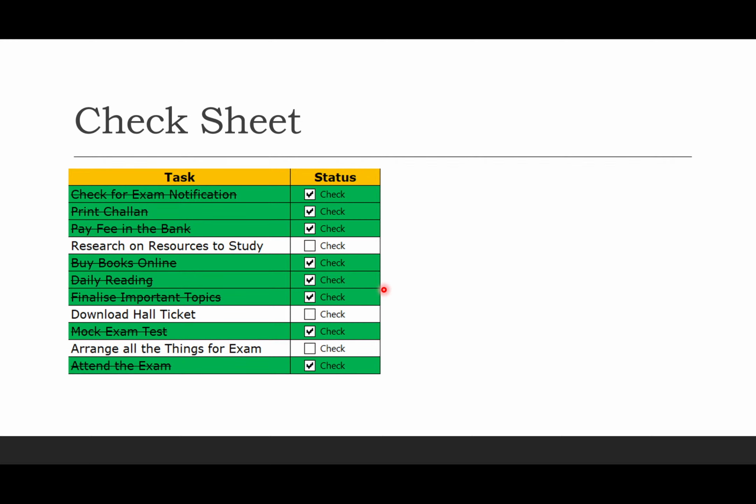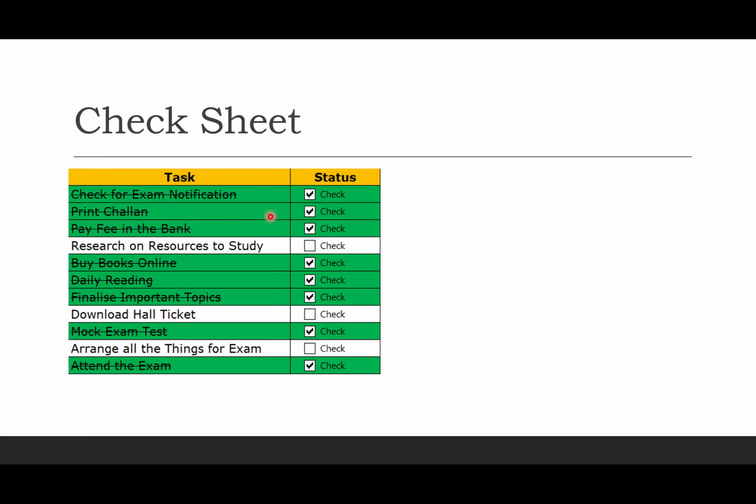A simple example of check sheet if I have to show. See, this particular example is taken for a scenario wherein maybe a student is appearing for an exam. So check for the exam notification was the first step which this particular student was supposed to do. Once he completed this step, he checked this particular box, and this task was considered as completed.